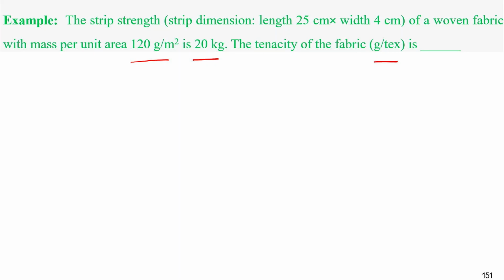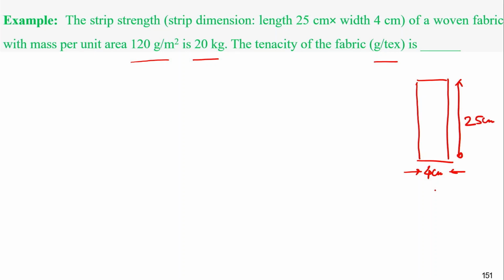First we have to calculate the area of the sample. Here width is given 4 centimeter and length is given 25 centimeter. So, total area will be 4 multiplied by 25, so 100 square centimeter, which is 0.01 square meter.